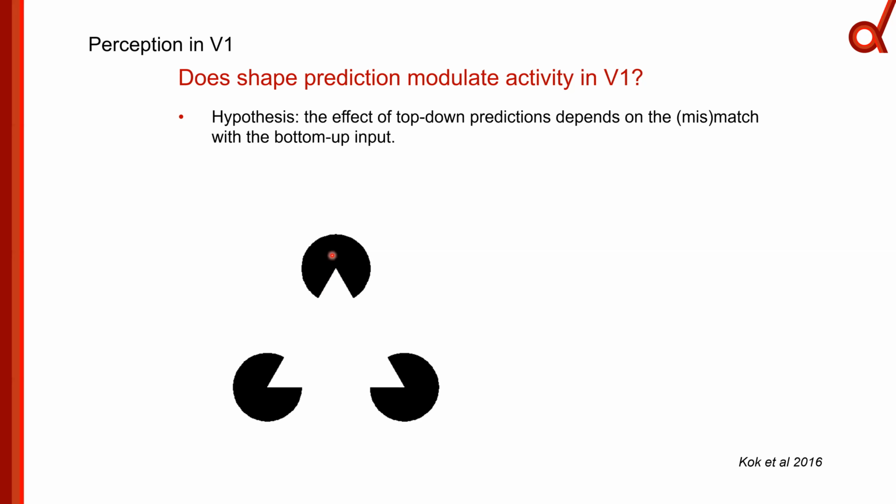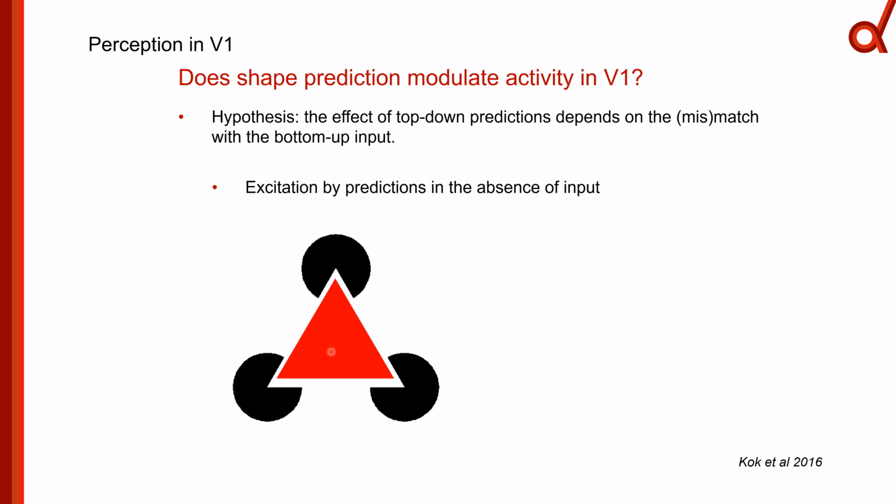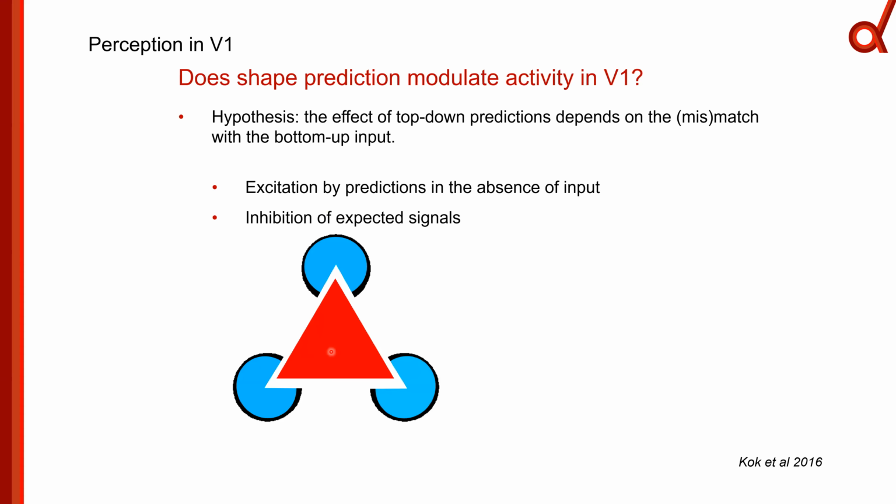But if you would rotate one of these Pac-Man shapes, the triangle illusion would disappear. So we get some excitation by prediction because there's no real input here, but you think you're seeing a triangle. And we have an inhibition of signal around here where the Pac-Man are.